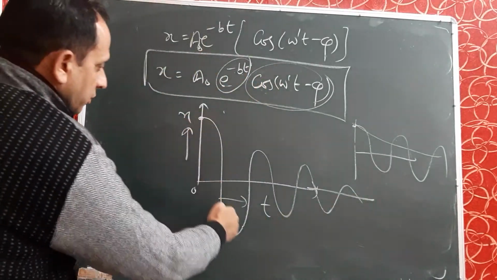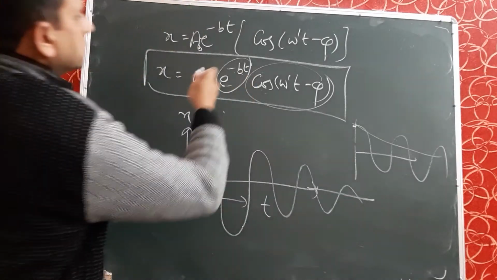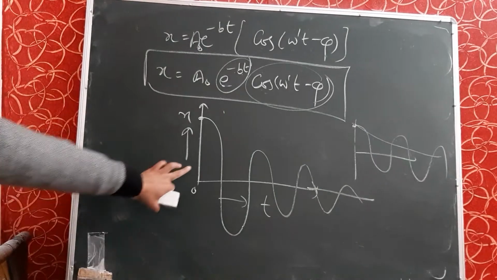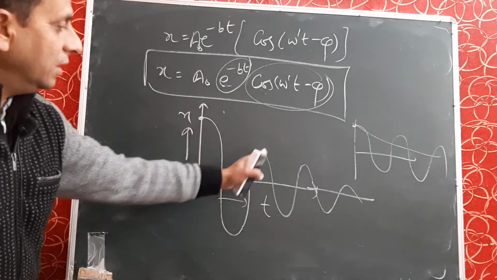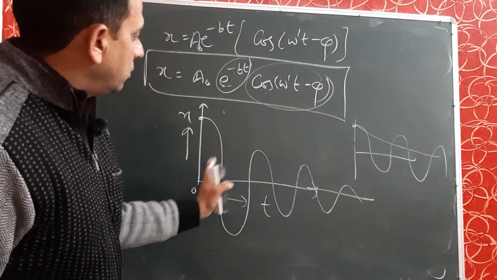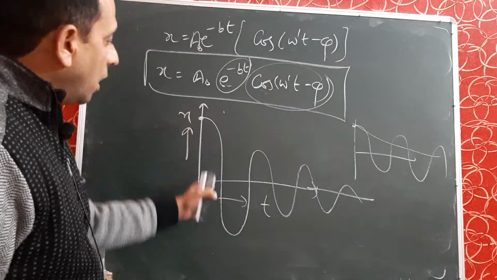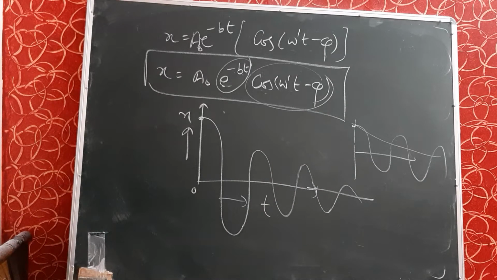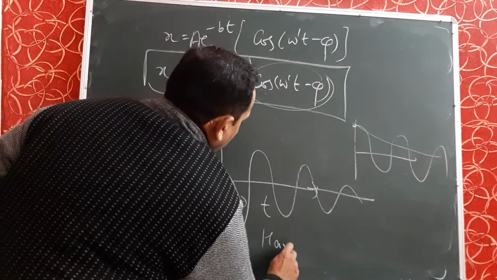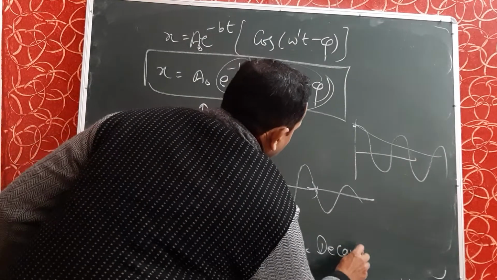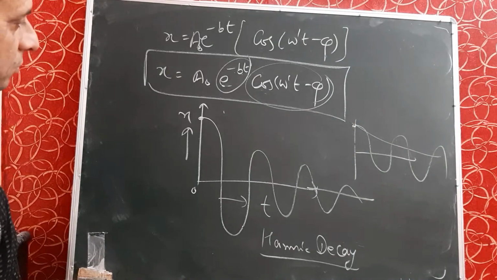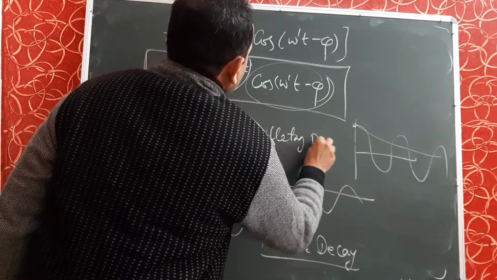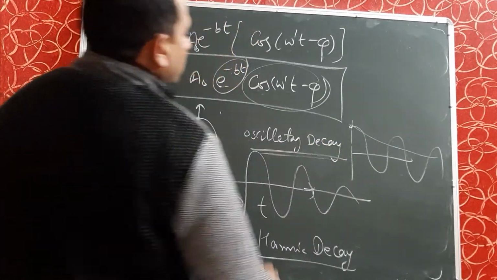It is a cosine function, and it is also decreasing, that is, exponential decay is along with this cosine function. So, this graph is harmonic decay because it is decaying after a fixed interval of time, and also it is harmonic. It repeats itself after a fixed interval of time. So, harmonic decay, or it is also called oscillatory decay or oscillatory damping.